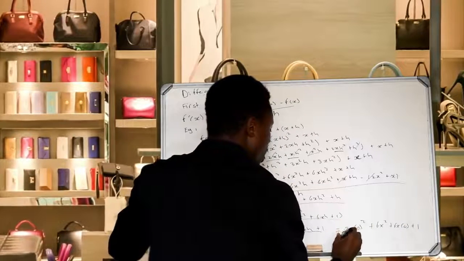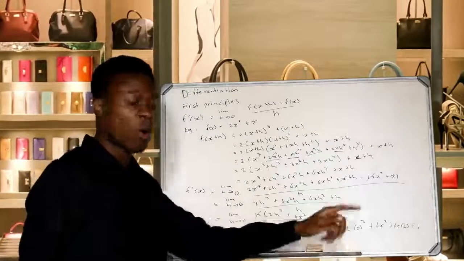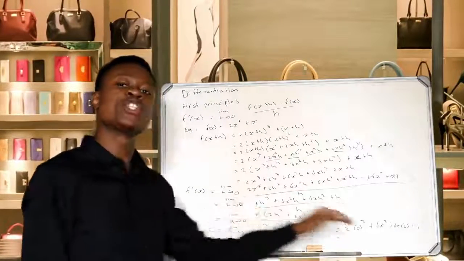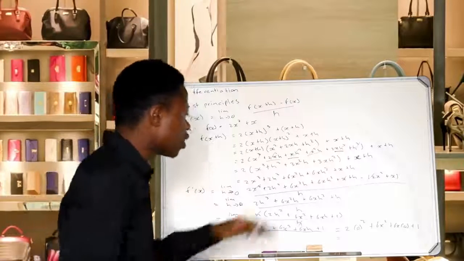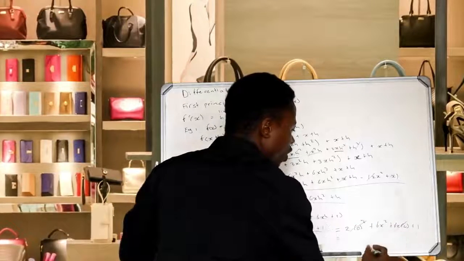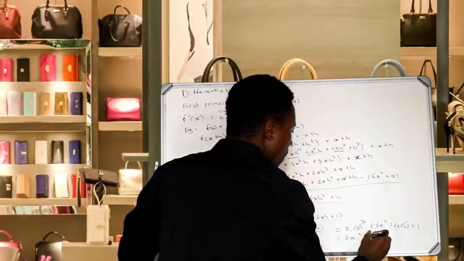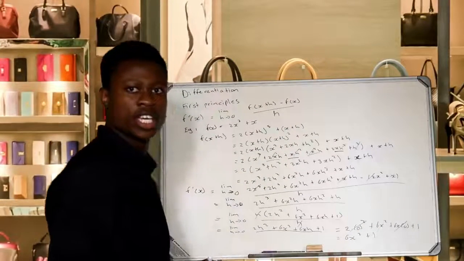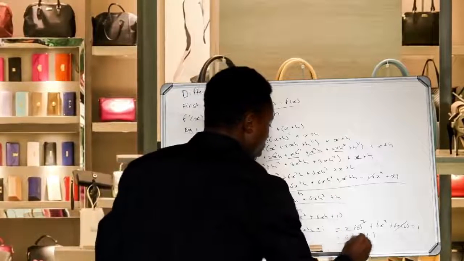As you can see, I did not write the limit over here, because I substituted what the limit value is. So now I can evaluate this. This will be 0. This will be 0. So what am I left with? 6x squared plus 1. I hope you can see that this says 6x squared plus 1.